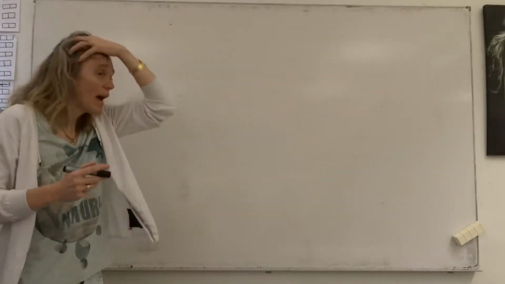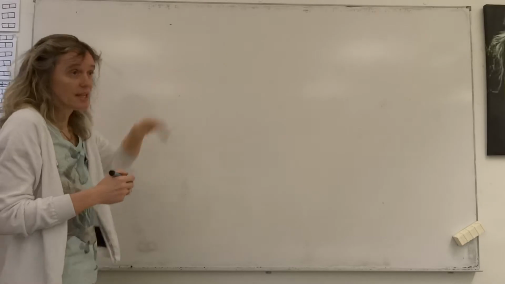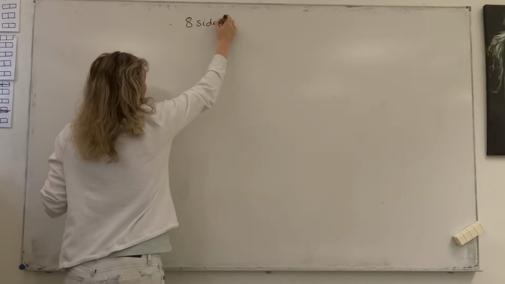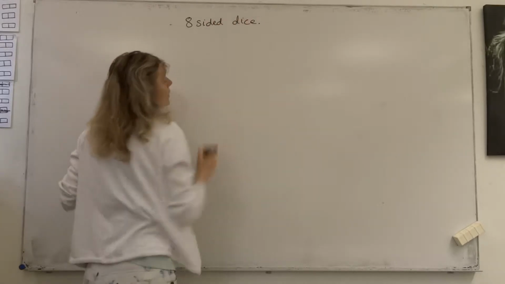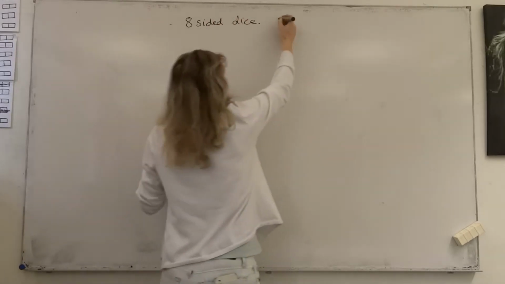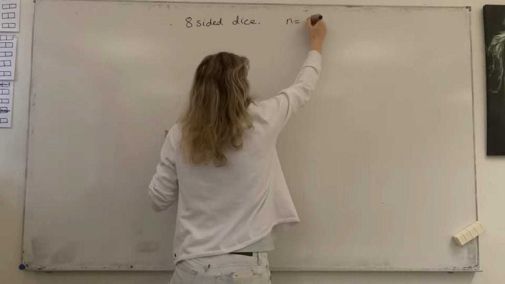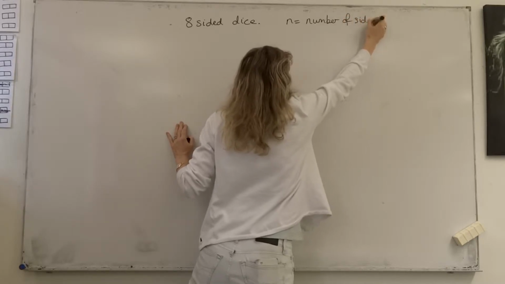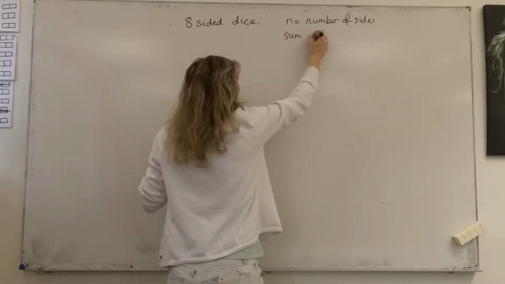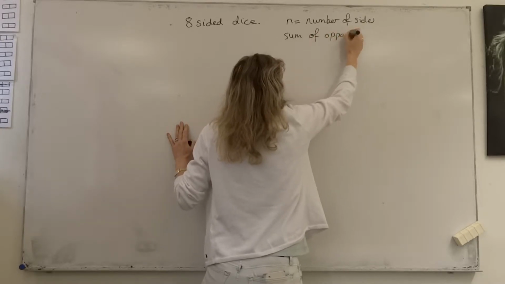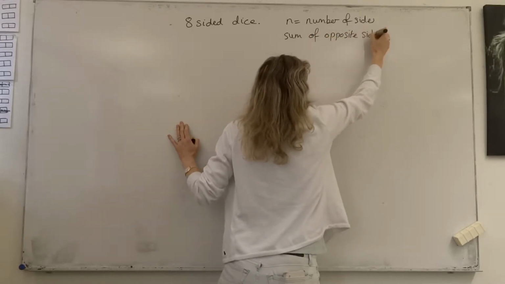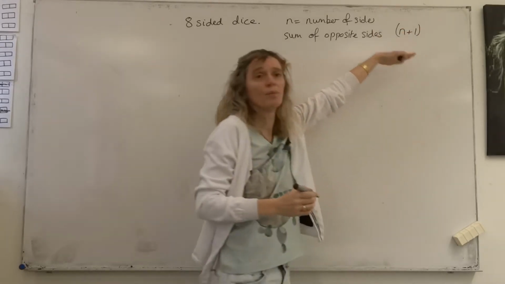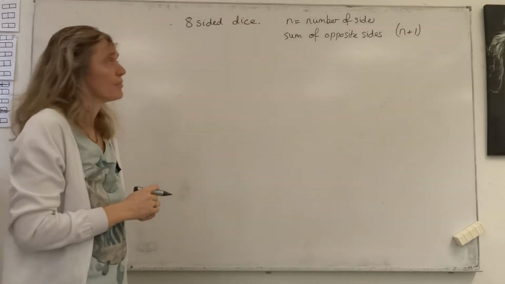Right, so we investigated what happened with a six-sided dice. Let's investigate what happens with an eight-sided dice. Well, an eight-sided dice will have the sum of the opposite sides, if n is the number of sides. The sum of the opposite sides of the dice we know will be n plus 1, because we start at 1 and we go up to the number of sides that we have.